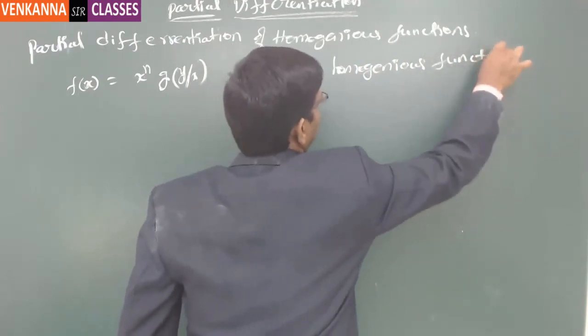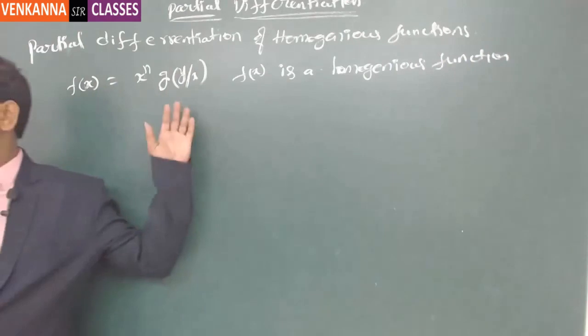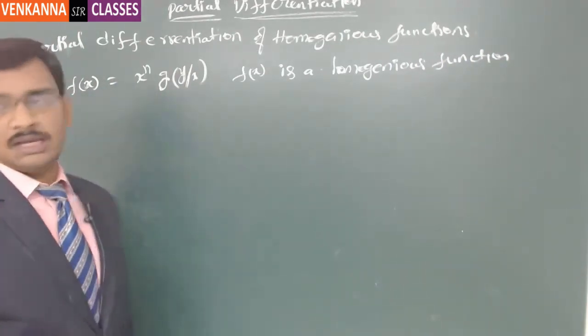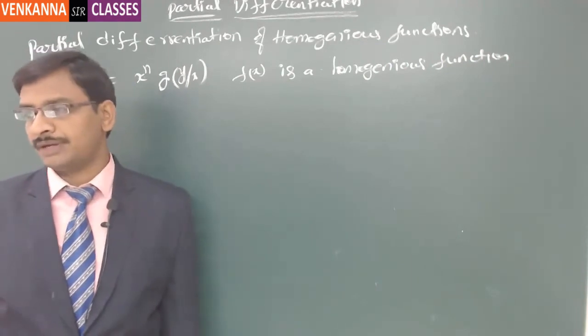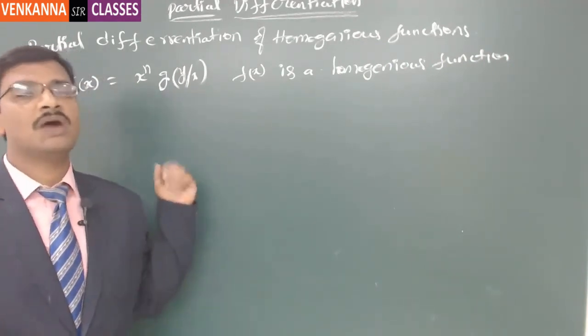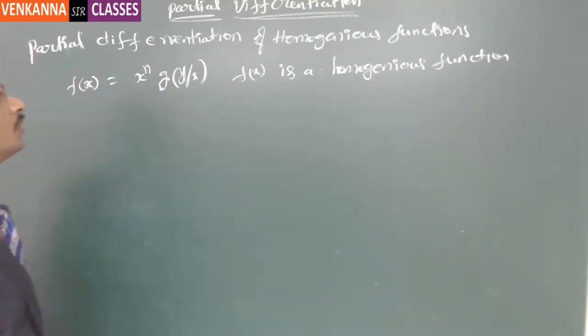If you take x power n out, the remaining term should contain only y by x, and this kind of function we call a homogeneous function, right? For specific homogeneous functions, we have some formulas associated with partial differentiation, and that's what we are going to deal with.